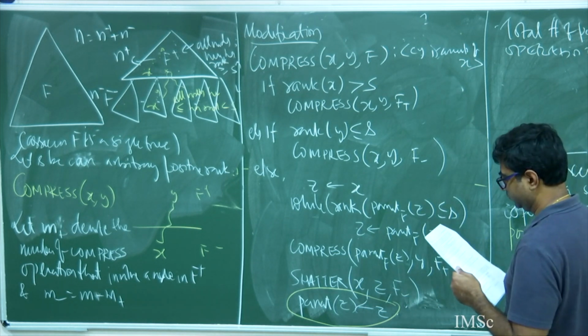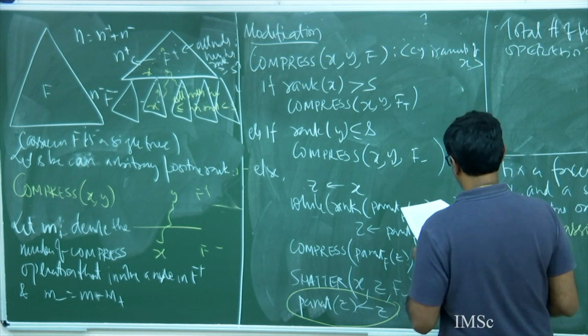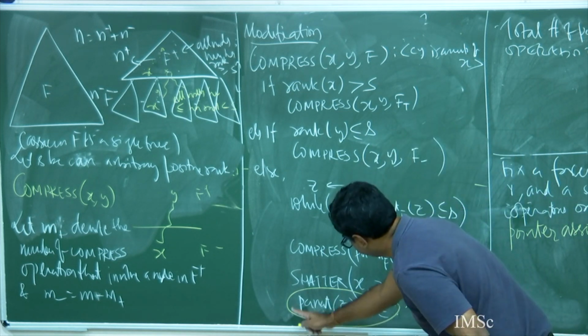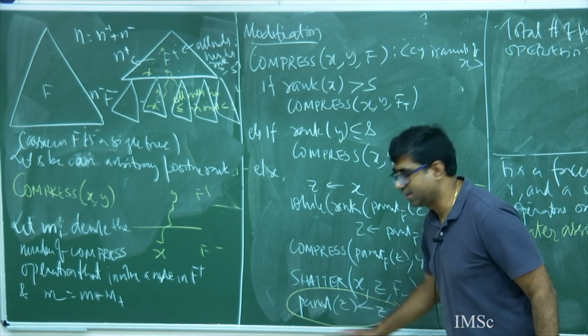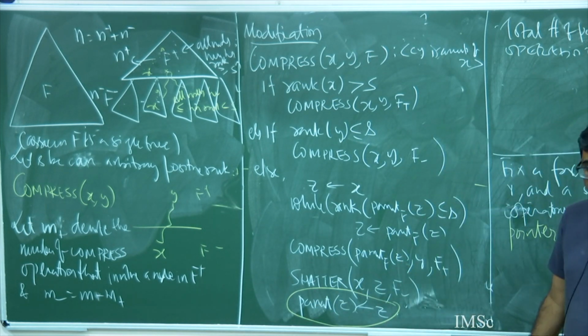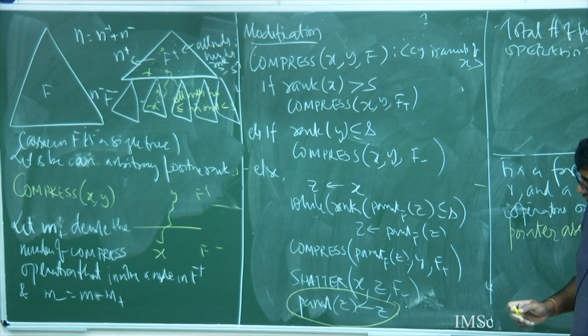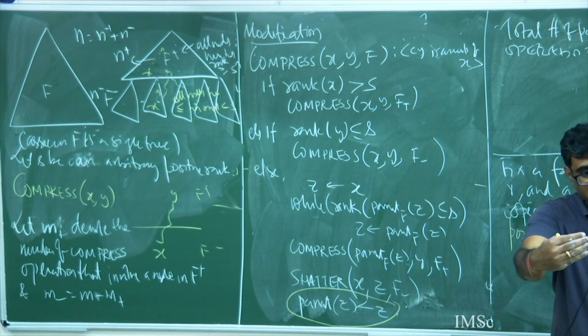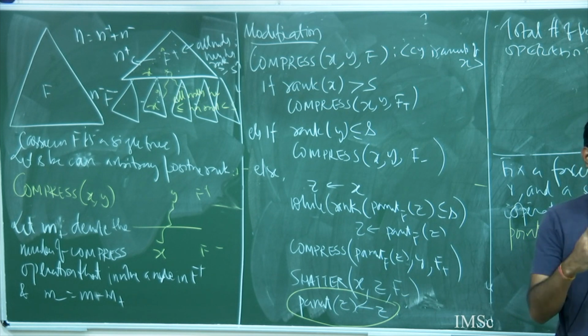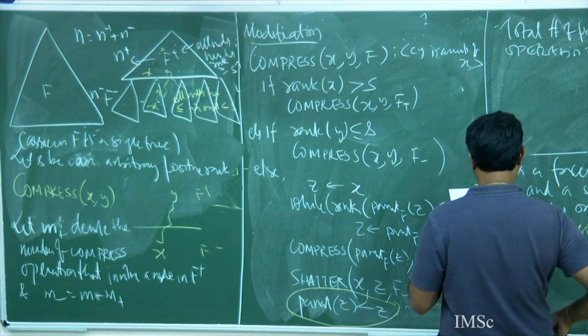So what does this line mirror? This line mirrors the fact that these are those nodes whose parent has a higher rank. In other words, let's write it down.